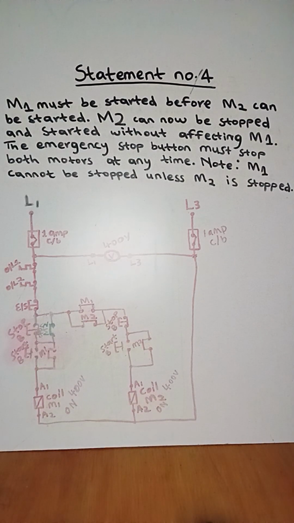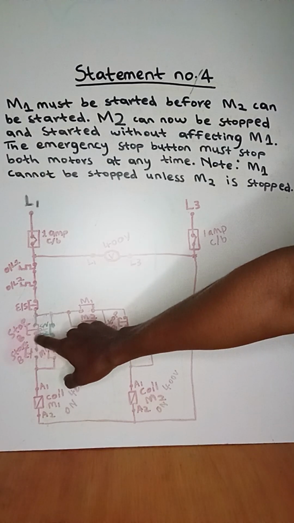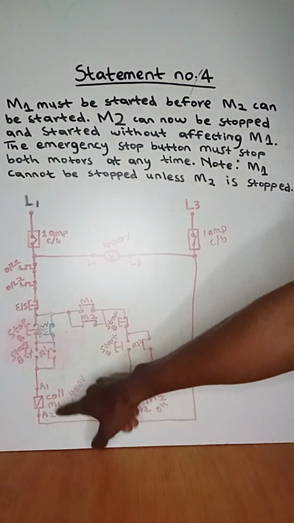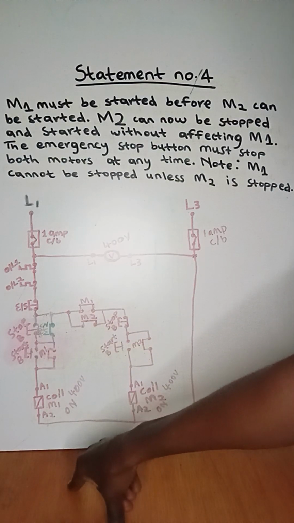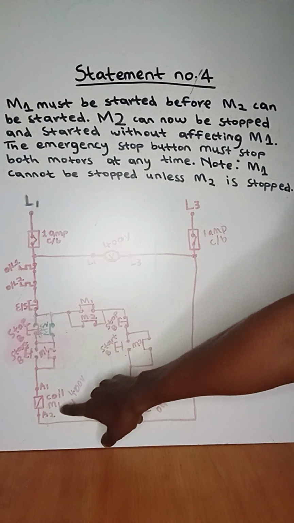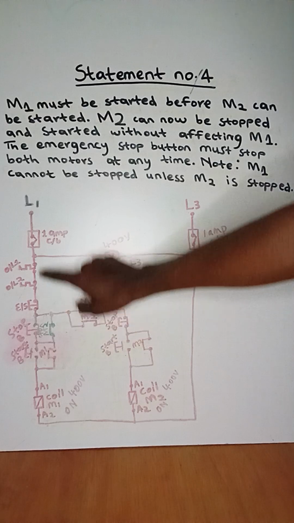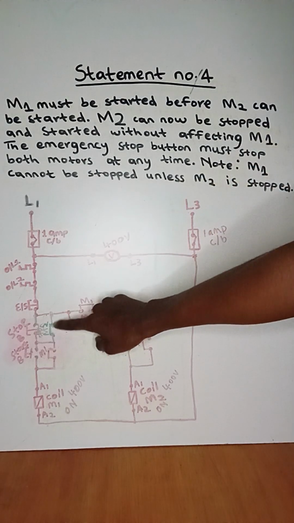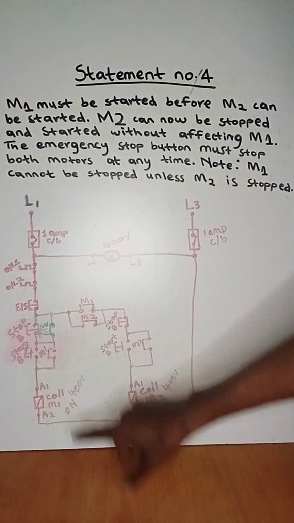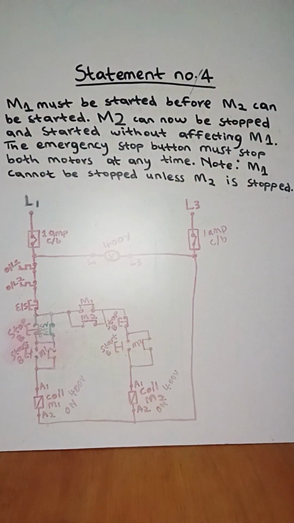But let's check if it has affected motor 1 to de-energize. Motor 1 will still keep on being energized through the normally closed contact of motor 2, and all the way to A1 coil of motor 1.